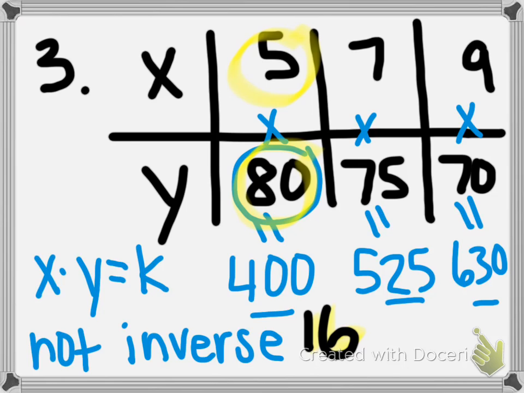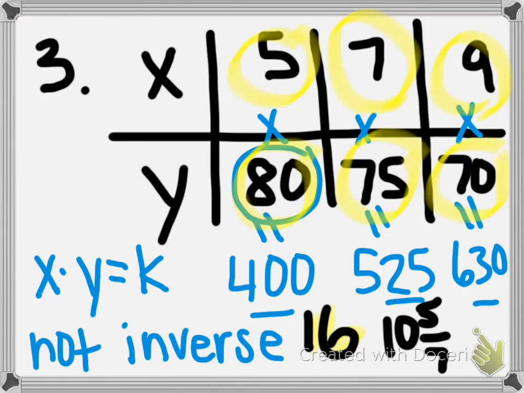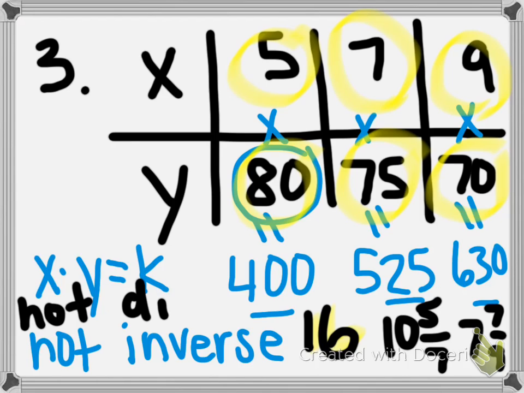And then we do 75 divided by 7, which is 10 and 5/7. And then we do 70 divided by 9, which is 7 and 7/9. Well, it's not direct variation either. So it's neither. It's not direct and it's not inverse.